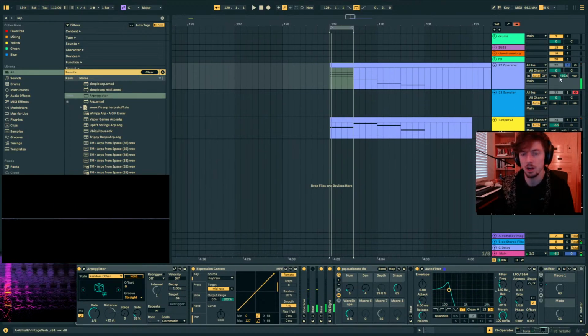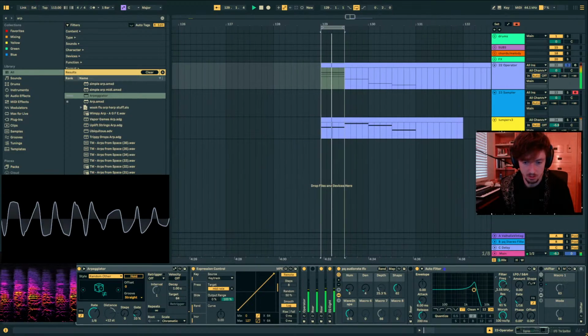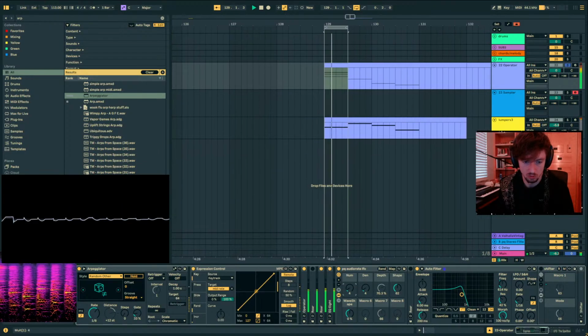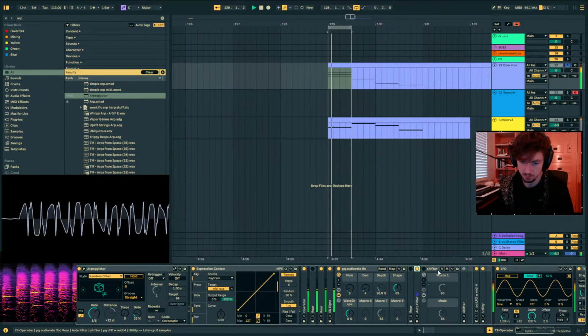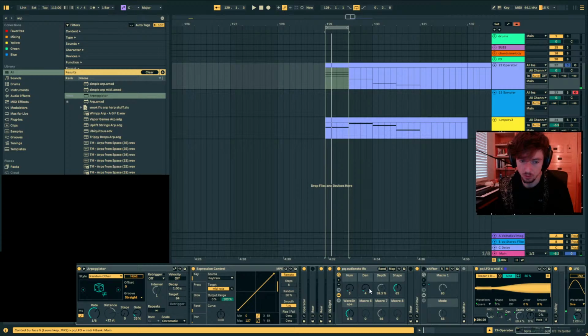Yeah, dude, if I can just figure out how to get rid of the aliasing, the sample rate thing. Like right now, we're at 294 hertz.